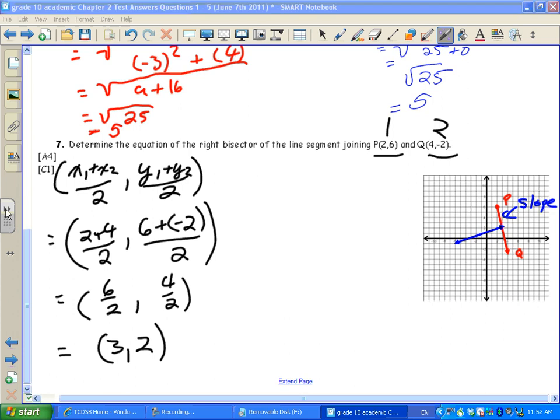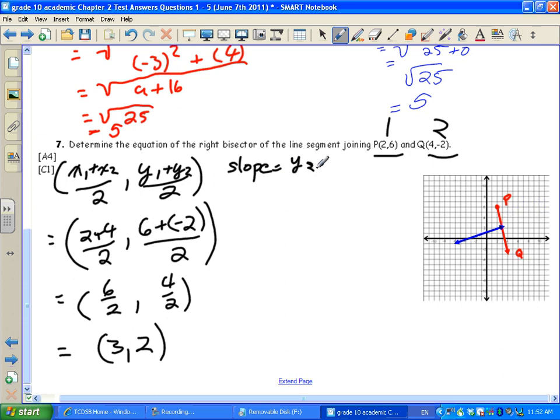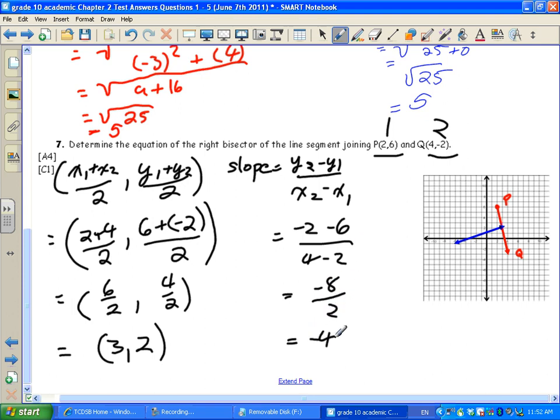So our slope formula, slope is equal to y2 minus y1 divided by x2 minus x1. Okay, that's rise over run. Our y2 is negative 2. Subtract y1 is 6. Divided by x2 is 4. x1 is 2. Negative 2 minus 6, negative 8. 4 minus 2 is 2. Our slope is negative 4.